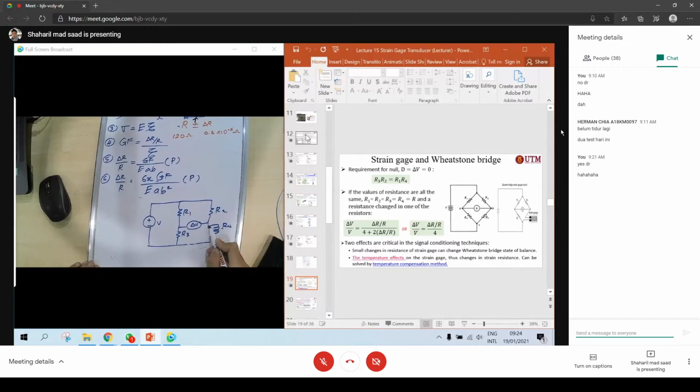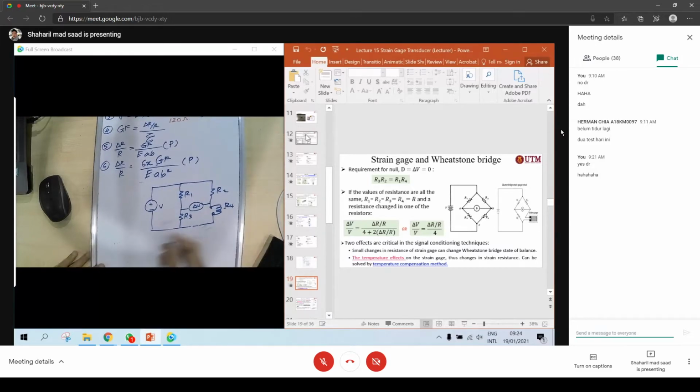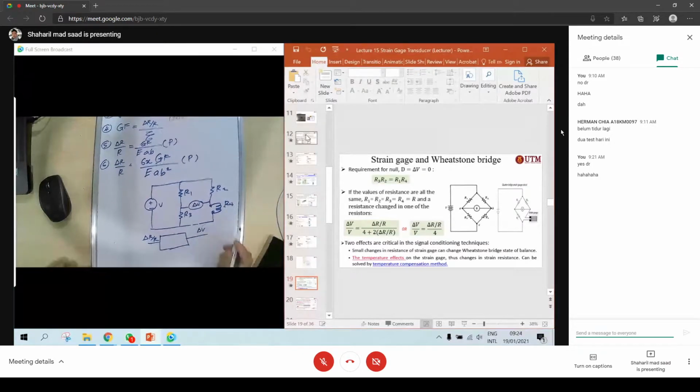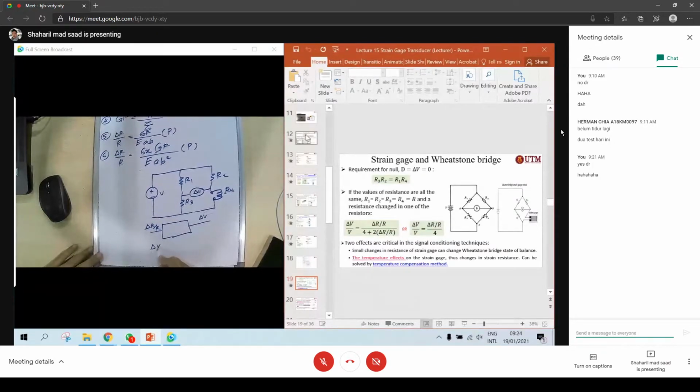What is the relationship in this formula? What we get is delta R over R, and this one is delta V. So delta V over V is equal to delta R over R divided by 4.